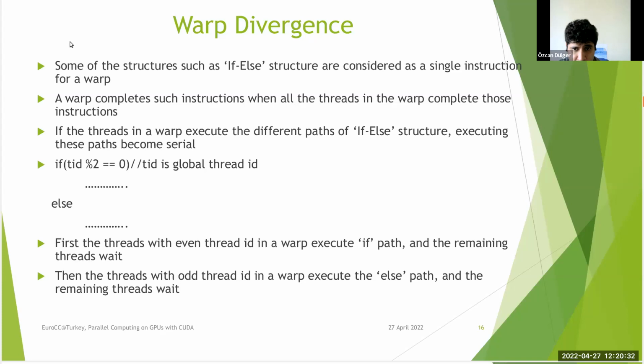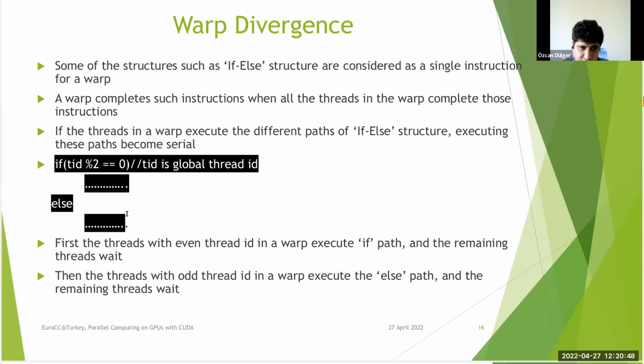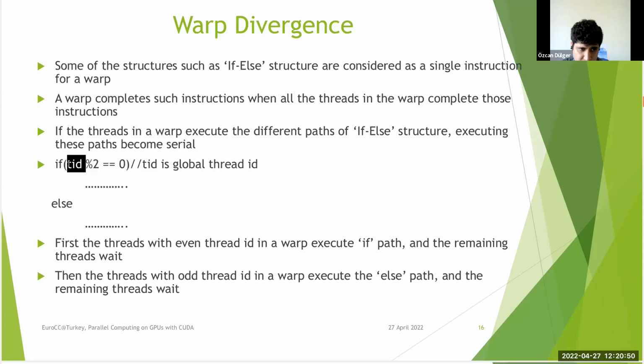So in an if-else structure, if the threads in a warp execute different paths, executing these paths becomes serial. Okay, we have an if-else structure. PID is our global thread ID. If we take its modulo and compare with 0, some of the threads execute the if part and some execute the else part in a warp.